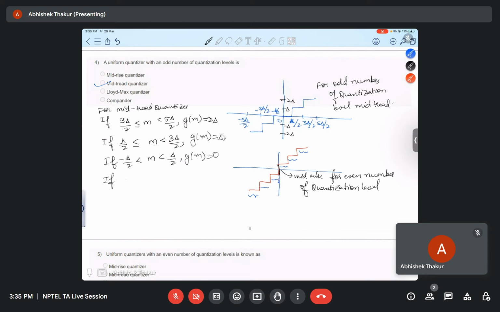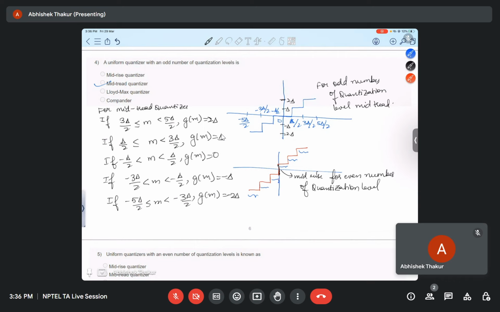If m lies between minus 3 delta by 2 and minus delta by 2, then g(m) is equal to minus delta. And if m lies between minus 5 delta by 2 and minus 3 delta by 2, then g(m) is equal to minus 2 delta.